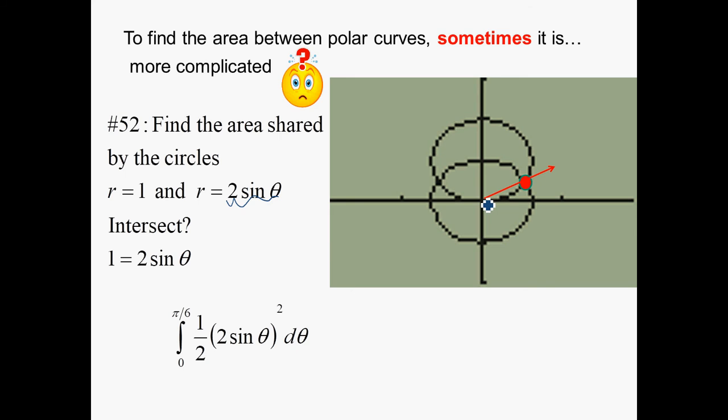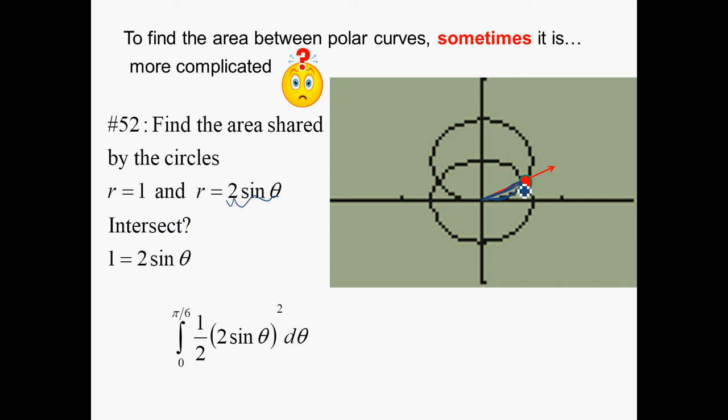When I start at 0, I don't go all the way out here. The first points on the circle 2 sine theta are right here. So I'm sweeping this place. Do you see that? Starting at 0 and sweeping to pi over 6 gets me that little piece. Is that helpful?